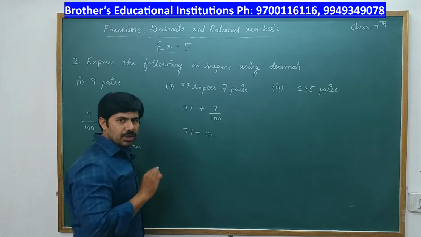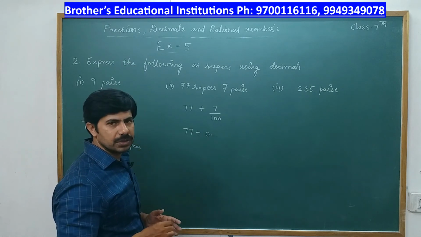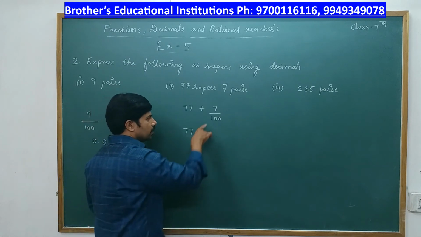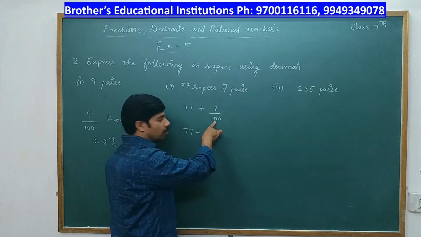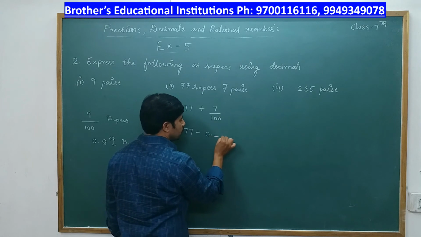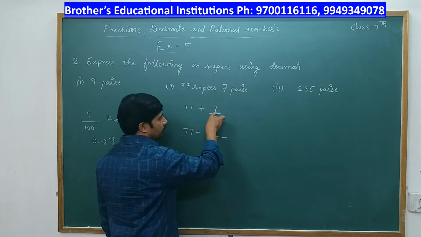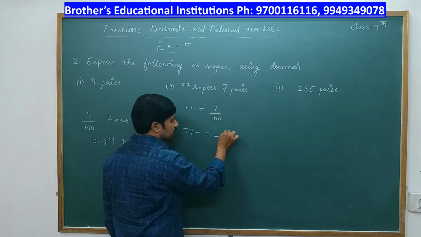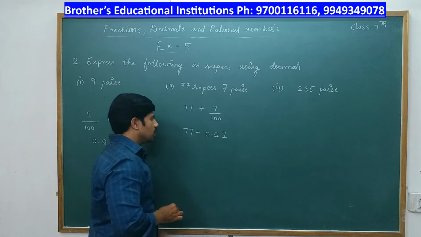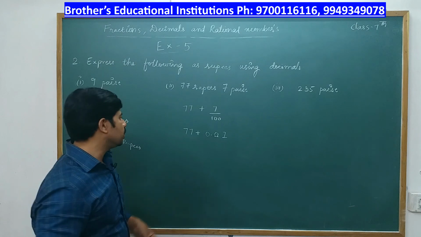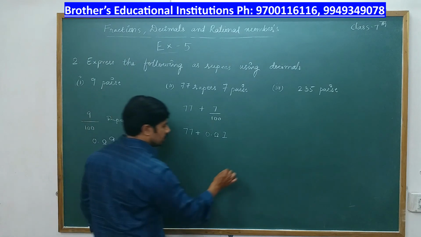So you write 0 point. Whenever you have 100, 1000, 10,000, 1 lakh, in terms of 1 and zeros, you write 0 point if the denominator is greater. For 100 we have 2 zeros, just put 2 blanks. In ones place we write this numerator 7, then this is left out, so put 0. So 77 plus 0.07. So we add this now.